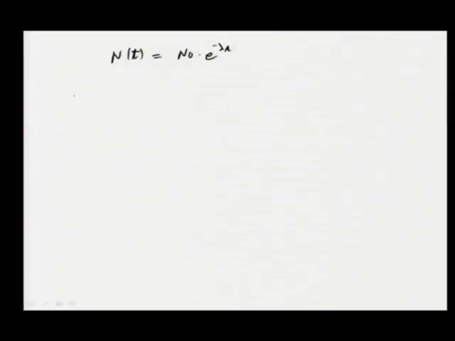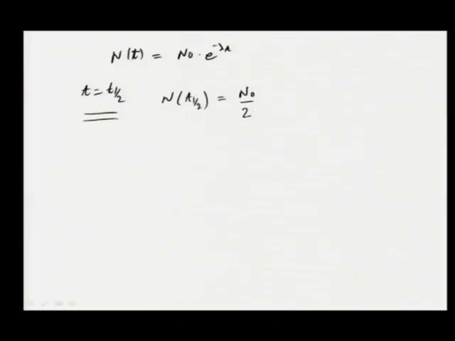And if, in particular, we take t to be equal to some t half, let me denote t equal to t half as some particular time, then t half is such that N at t half is equal to N_0 by 2.